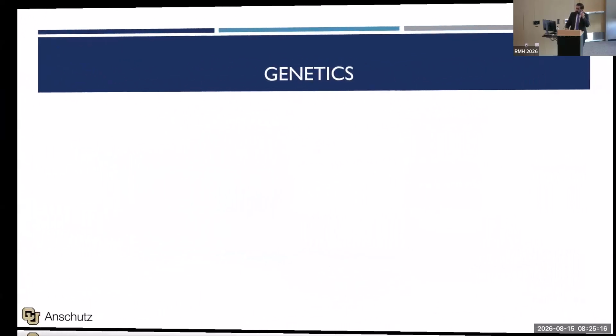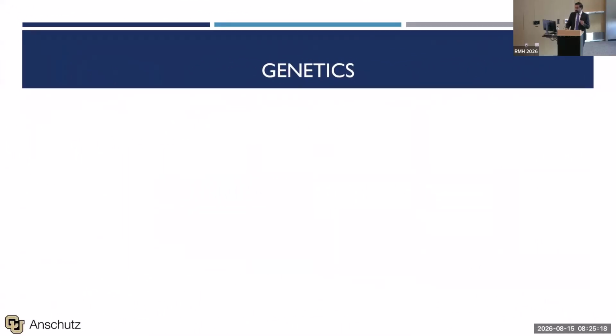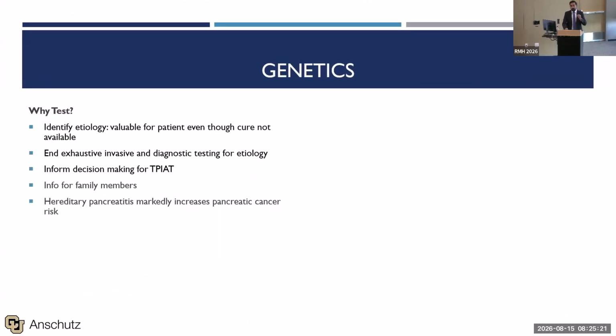So, genetic testing and why this matters: some of these folks have been through multiple providers and they want to get an answer. So I think the big question as to why we should test is that we can tell them, hey, this is the cause of your chronic panc. It can end this exhaustive, invasive testing and diagnostic hunt.